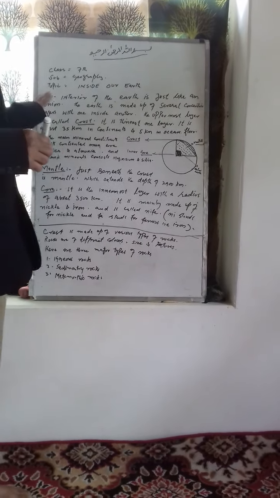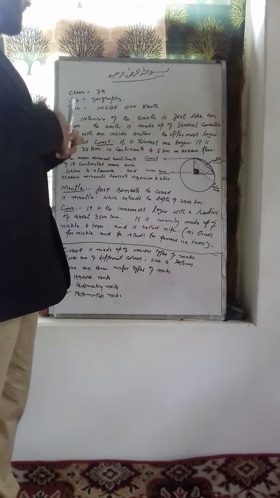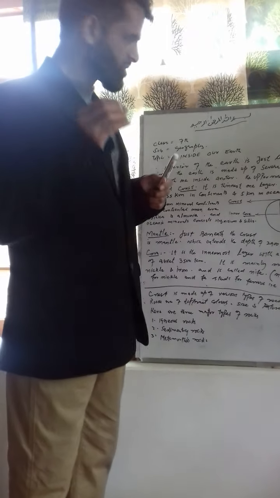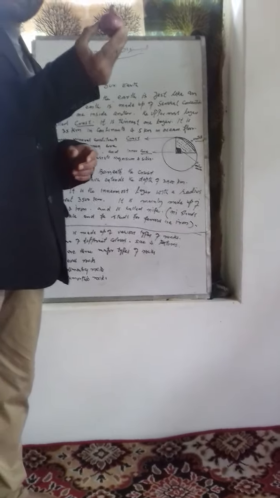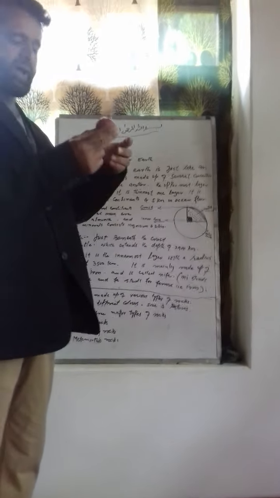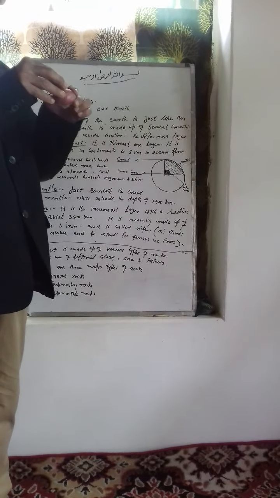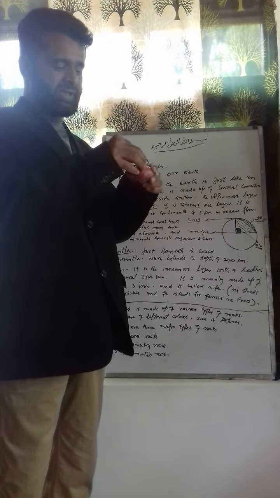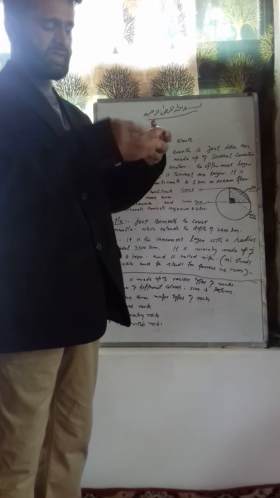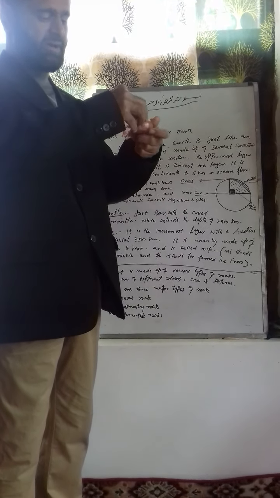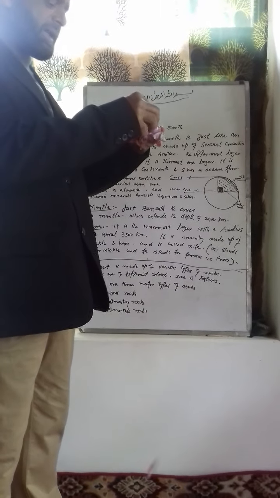First of all, you know that the interior of the earth is just like an onion. This is an onion, and this onion is made up of several layers. This is the first layer of an onion, and after this layer the second layer comes.